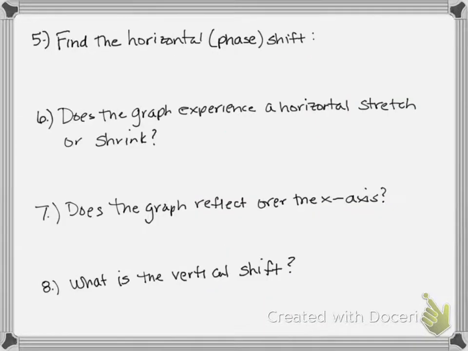All right, the horizontal phase shift, the equation is negative C over the absolute value of B. And that's the negative of whatever C is. In this case, C was pi over 2, divided by B. In this case, B was 3, with the absolute value of 3. So I get negative pi over 2 divided by 3.